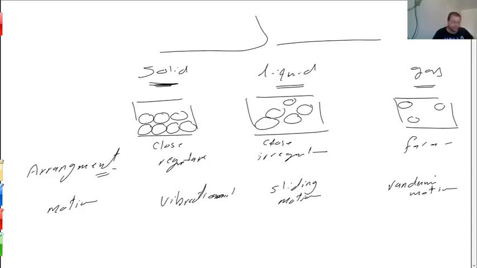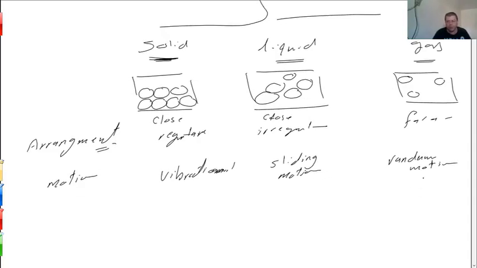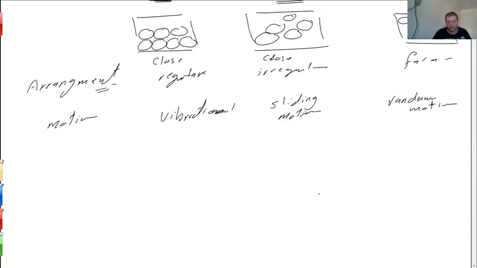If you get some small particles like pollen grains or even smoke particles, and you observe the motion of those particles under the microscope, you will observe the motion this way: moving up, moving down, moving right, moving left, like this. This zigzag motion is known as Brownian motion.